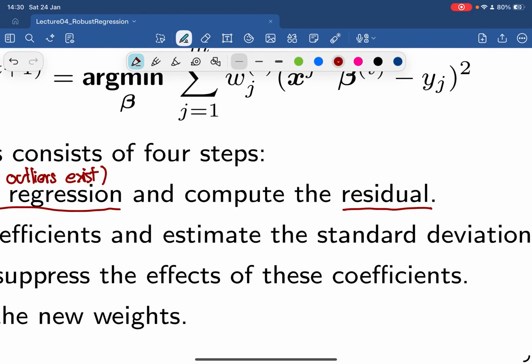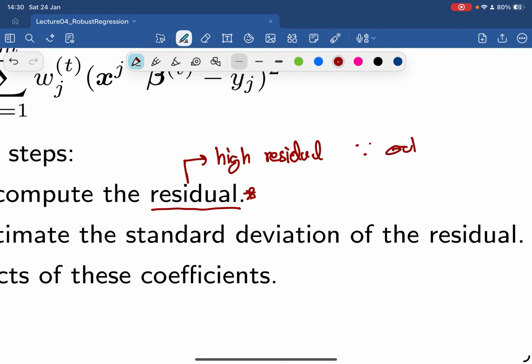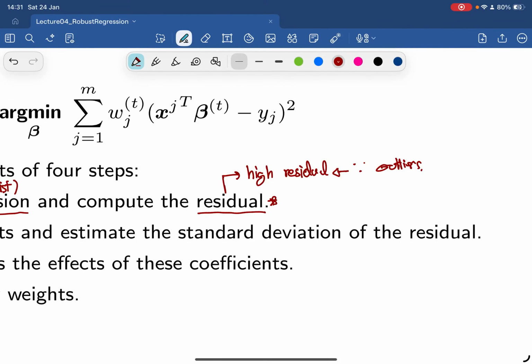If this happens, that means the residual you computed from this step will be high, because of the outliers.